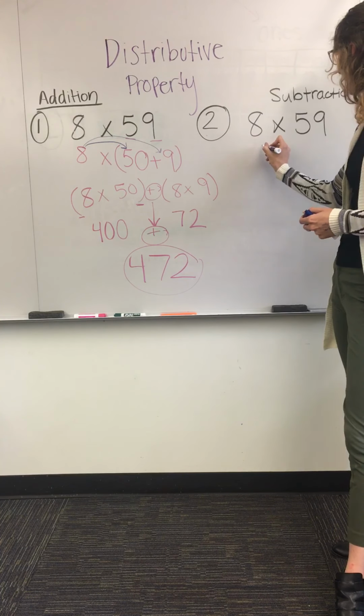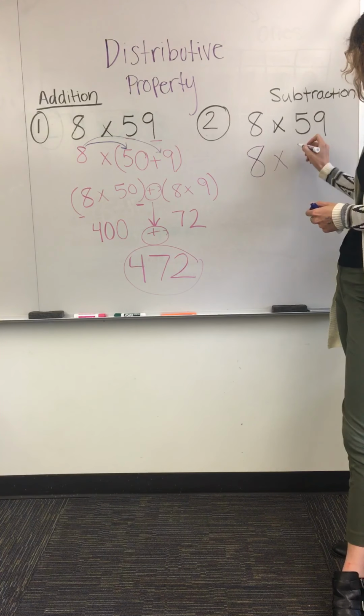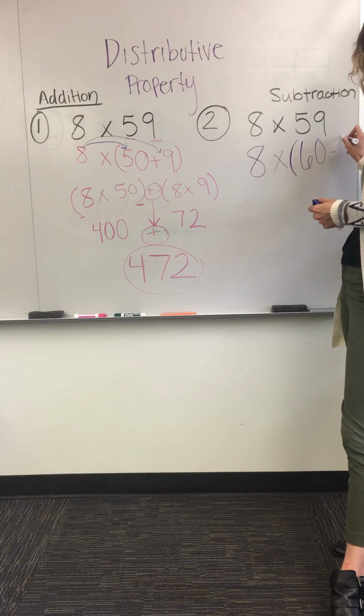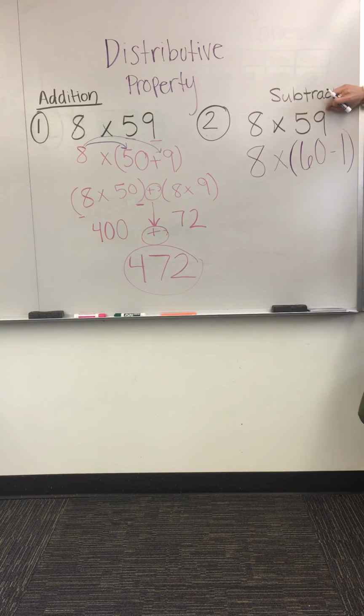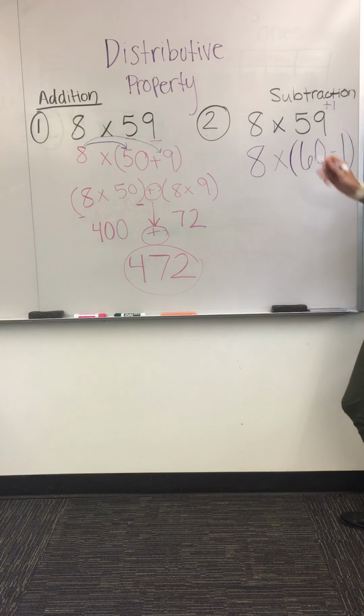So if I think about it, if I add that one now, I'm going to have to take that 1 later. So we're adding that 1, that gives us 60. If I take away 1, it gives me 59.